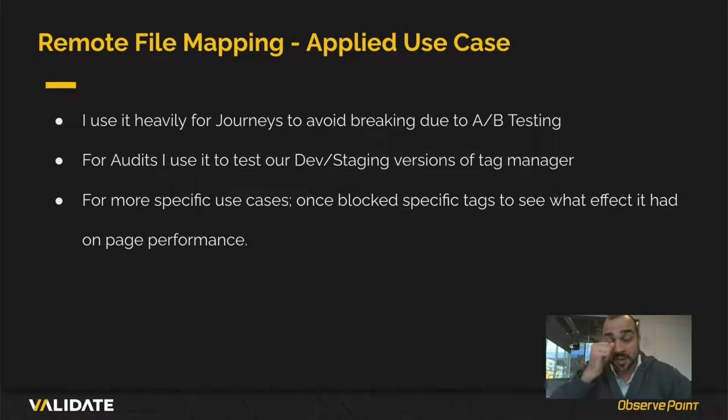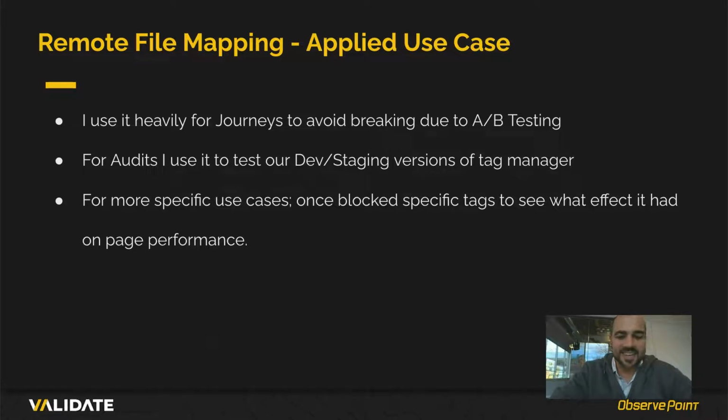Do I have to figure out what experiment I'm in and then solve for it? And I thought, no, I don't have to do this. I just have to block it. So I have a bunch of these that block Optimizely, Google Optimize, and Adobe Test and Target. Now I know that I don't have to worry about an experiment, and I'm going to get the right experience.